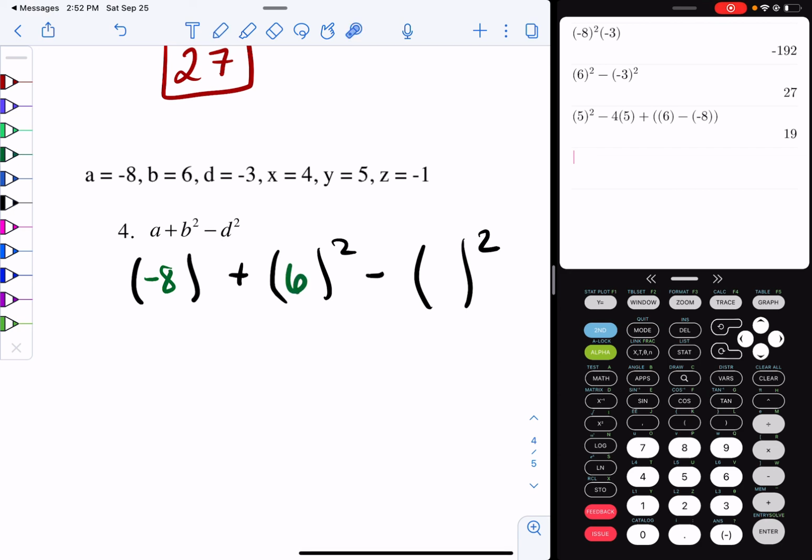Now we need to ask ourselves what d is. D is negative 3. We're simply just going to type this into our calculator. Plus parentheses 6 squared minus negative 3 squared, and I'm going to hit enter, and I get 19 again. I think we got 19 before as well. And that's your final answer.